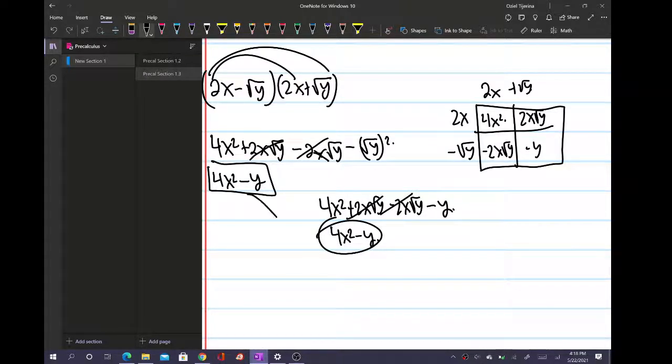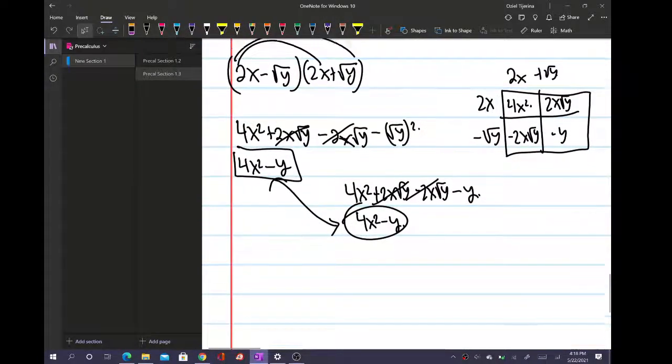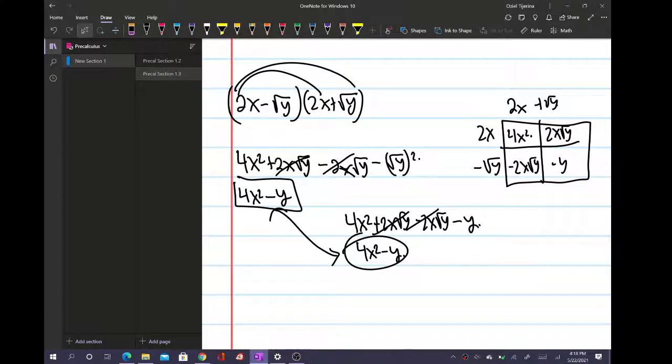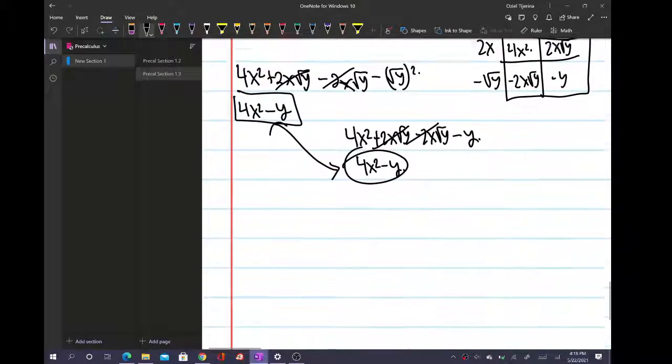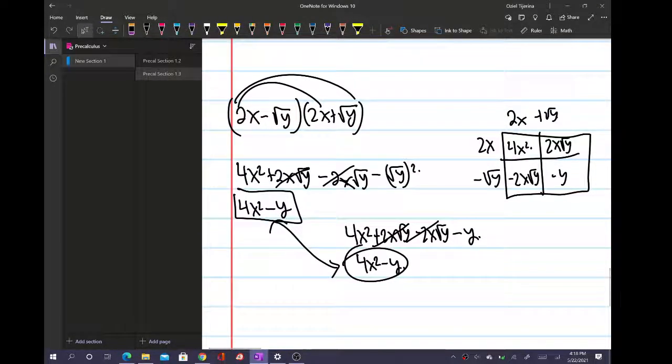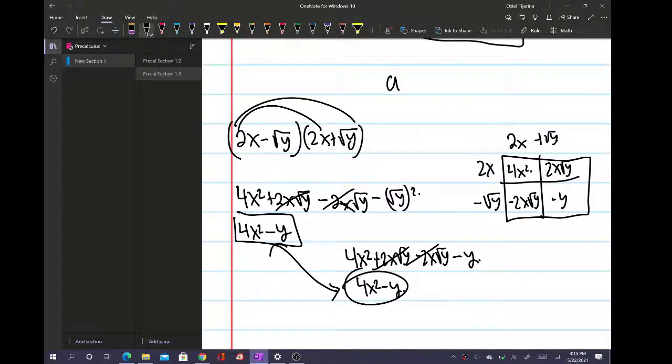So you see how I got the same answer for both of these using FOIL method and box method. Like I said, unless your professor or your teacher tells you, there's no right way to do this, or there's no one way to do this. You can do either of these ways, right? And I could have also used the sum and difference pattern, a plus b times a minus b, given that a is equal to 2x and b is equal to the square root of y.